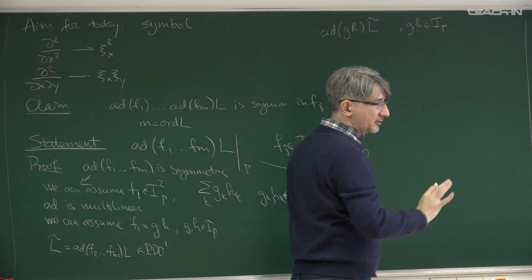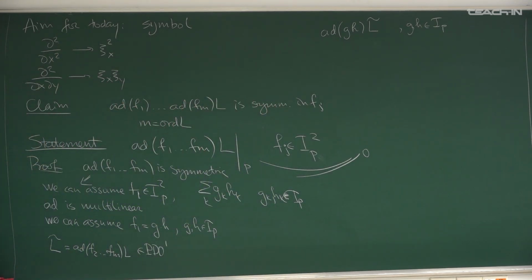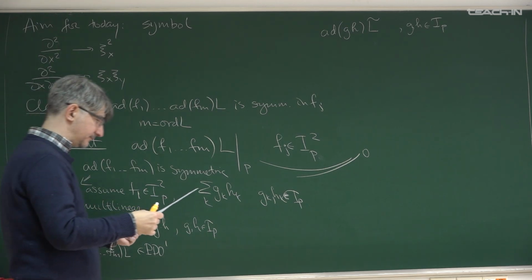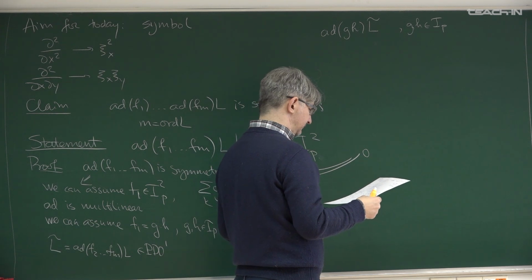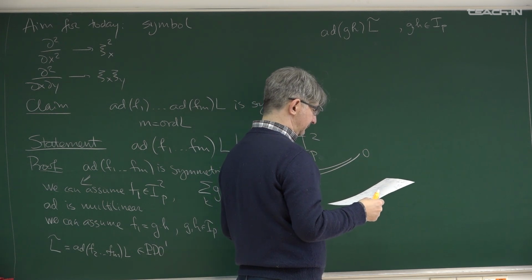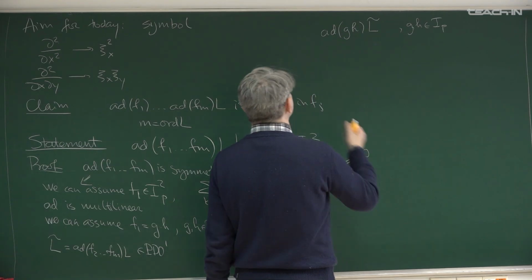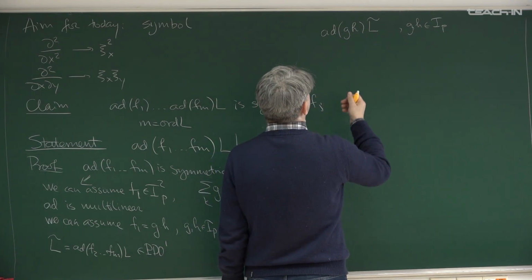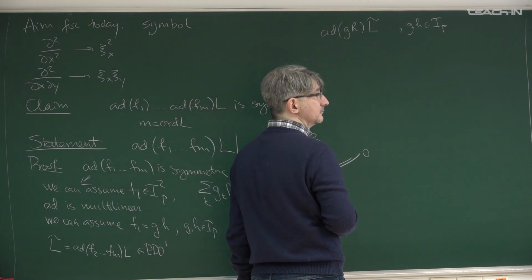So now the situation is very, very simple. What can we say about this expression, and how does it act on sections? So what is ad of L tilde? How do we write it?